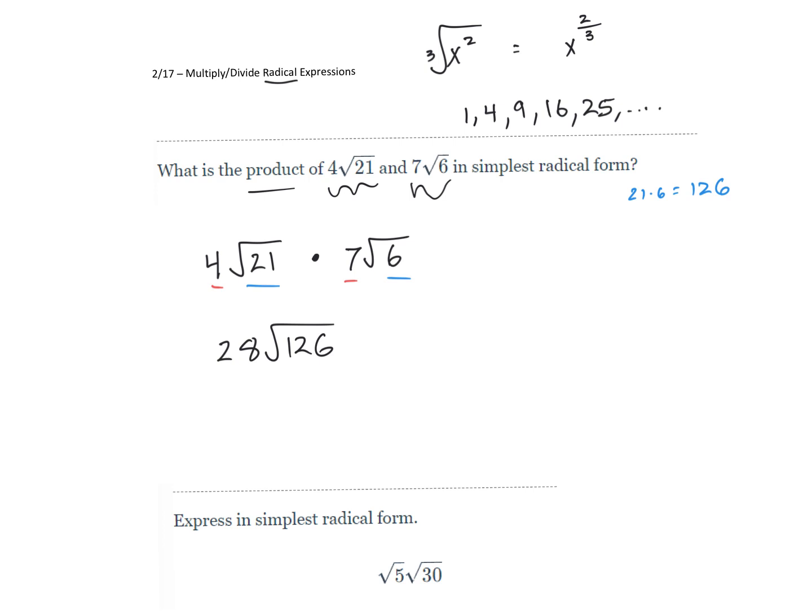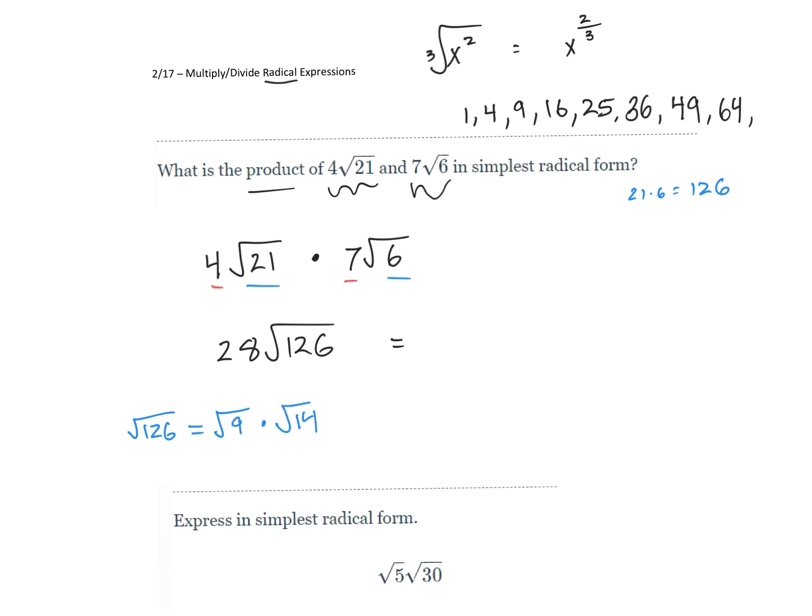But I don't think we're totally done yet. Let's put it in the simplest radical form. So what I mean by that is, like I said, that 126 looks like it can be reduced. Honestly, I think this is something we should do on the side. 126, I find the biggest perfect square to be 9 that I can divide out.